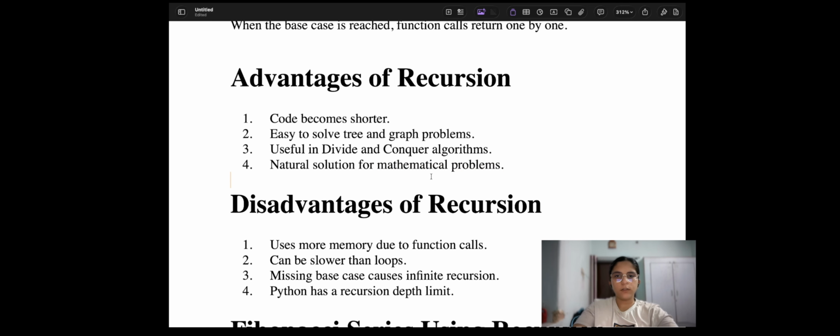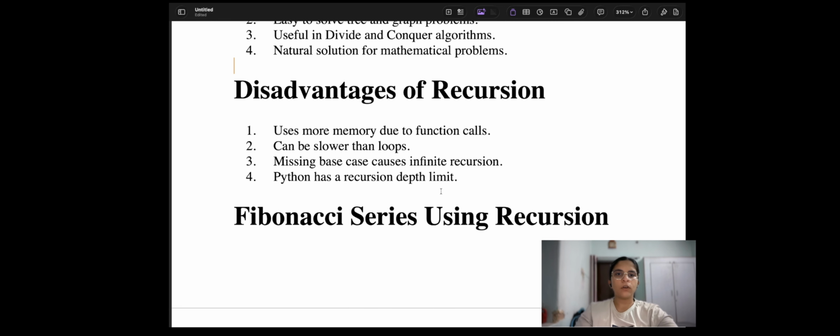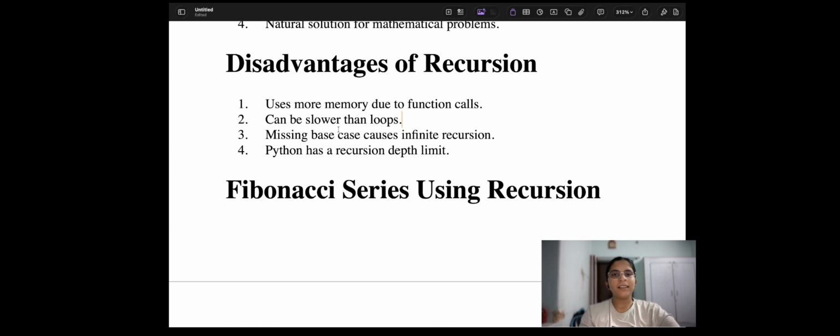Now, disadvantages of recursion. Uses more memory due to function calls. Can be slower than loops. Yes, that's obvious, we have to call it again and again until that condition is satisfied. Missing base case causes infinite recursion. Yes, that actually happened with me when I was learning recursion. In my first semester, I created infinite recursion while using not a good laptop.